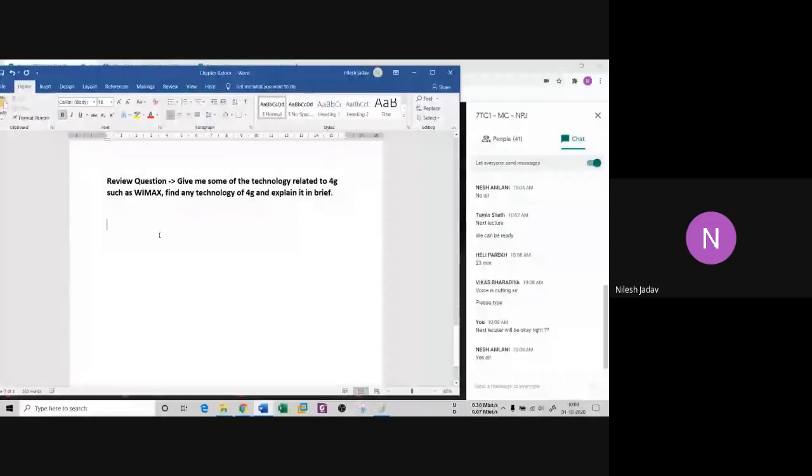Okay. Now we're going to see some issues on the higher layer of fourth generation. So what could be the issues? The topic is the challenges of fourth generation, or I can say the issues in fourth generation.